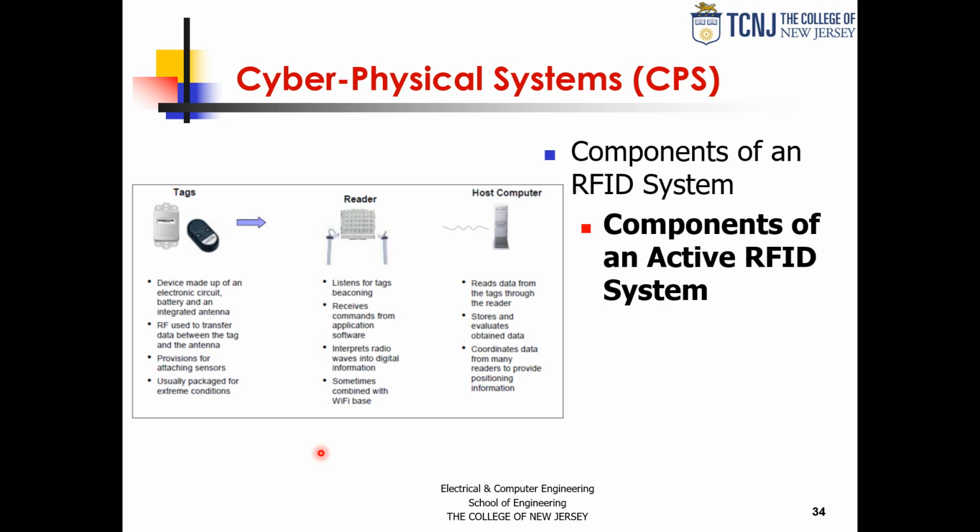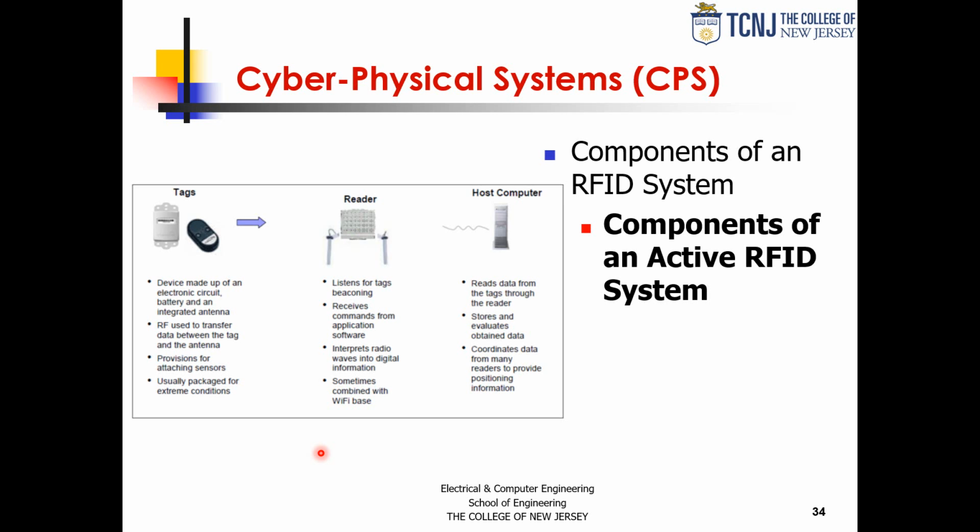So this is the same idea as the previous one, which was more for passive systems. This is for active. Obviously the only difference is that for active systems, you don't have to send the energy harvesting preamble of the packet, because the tag has its own energy source, but everything else is the same.